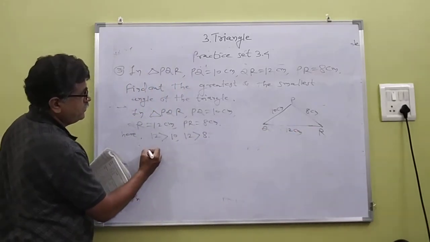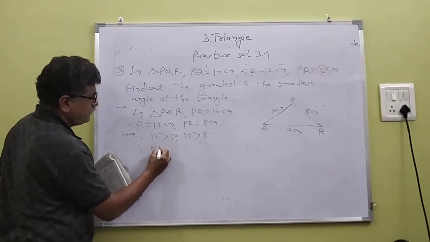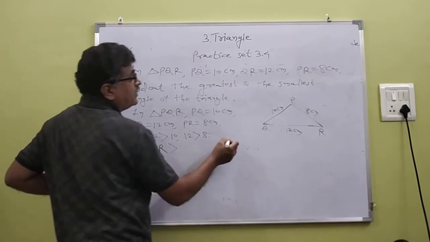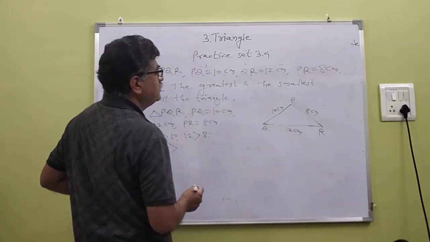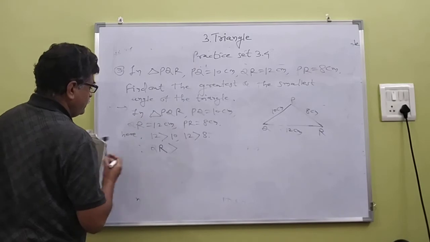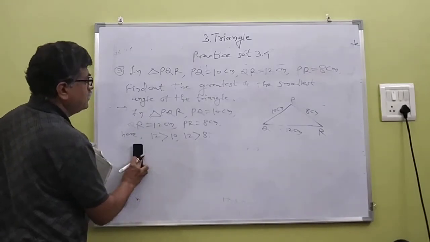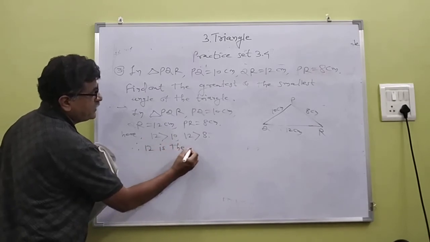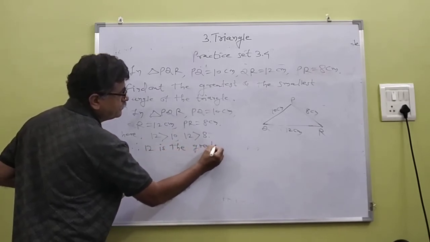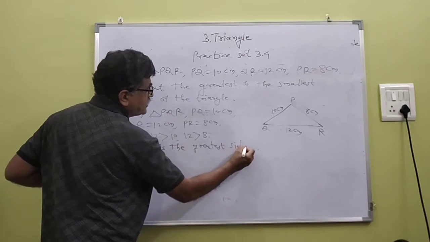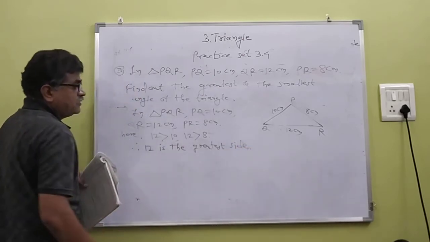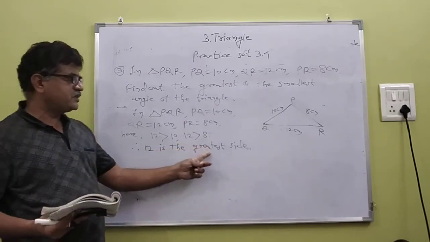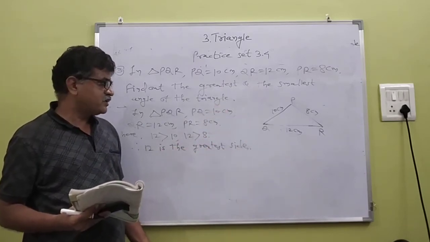Therefore QR, 12, is the greatest side, and the angle opposite to the greatest side is the greatest angle.